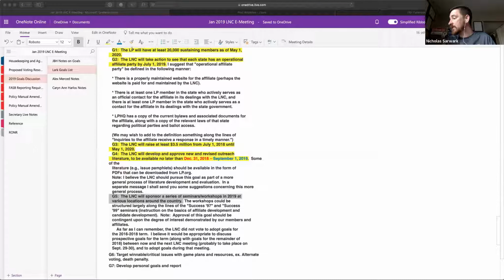Kara's current contract, her top goal is recruiting 200 candidates, and she is part-time. Seminars are not currently part of the contract for 2019. I think that answers. The contract indicates recruiting candidates and assisting them.